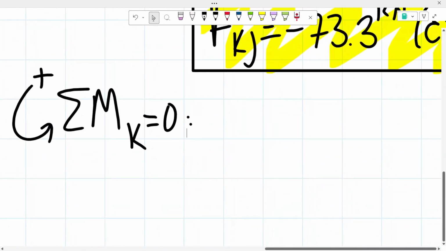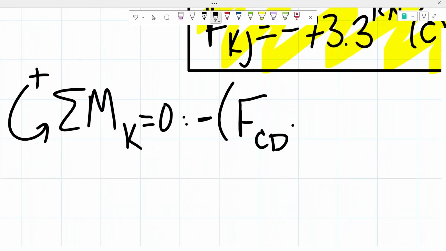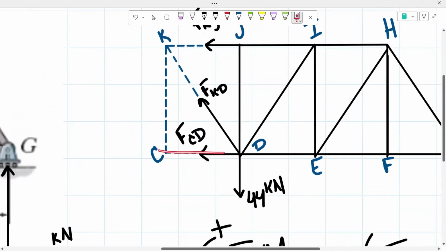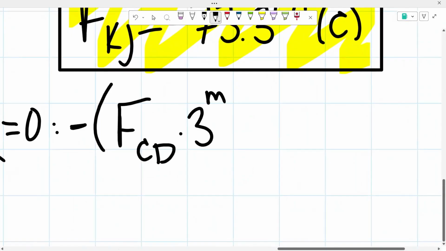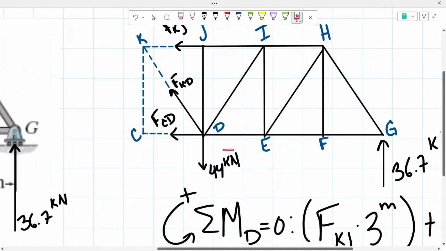So we have a negative moment of our force CD times, we know that from here to here, there is a distance of 3 meters. 3 meters.